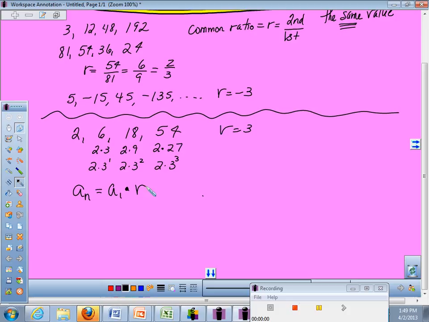Now here's the tricky part. How do I figure out what power to use? Number minus 1. Yeah, because this was the first term. This is the second term. I used a first power. When I was on the third term, my power was 2. When I'm on the fourth term, the power is 3.